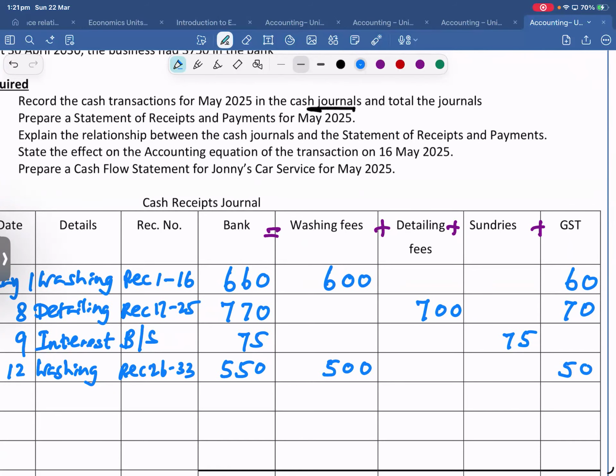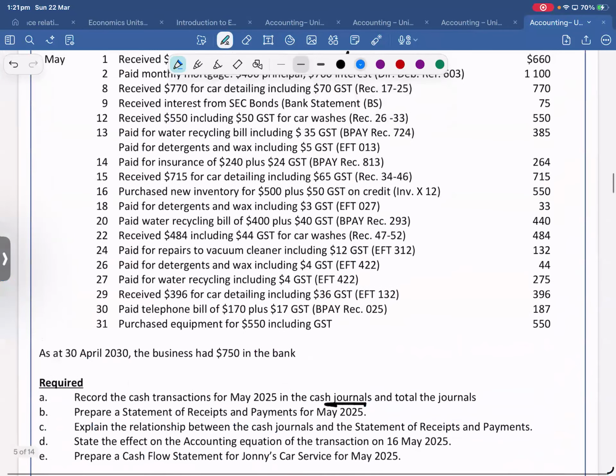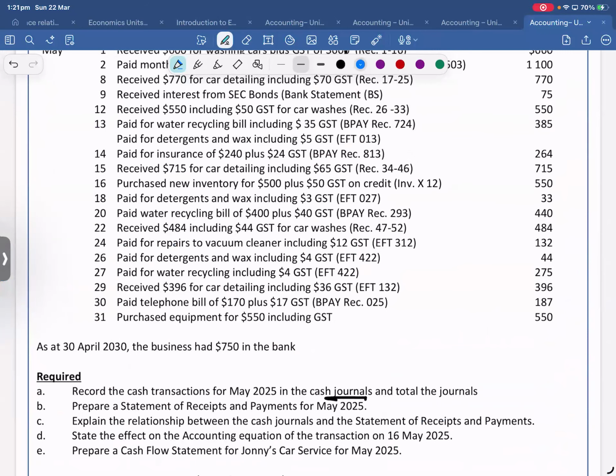Right. Then paid for water recycling bill including 35 GST. That's last payments. Cash payments, water recycling with GST, BP receipt 724.